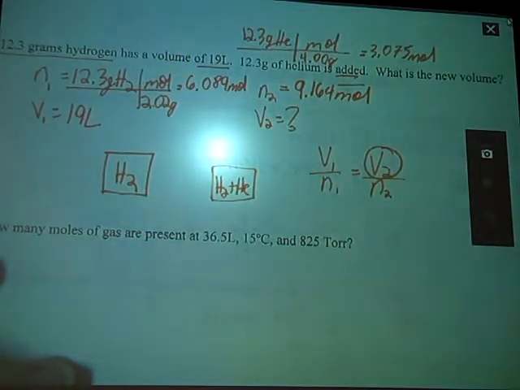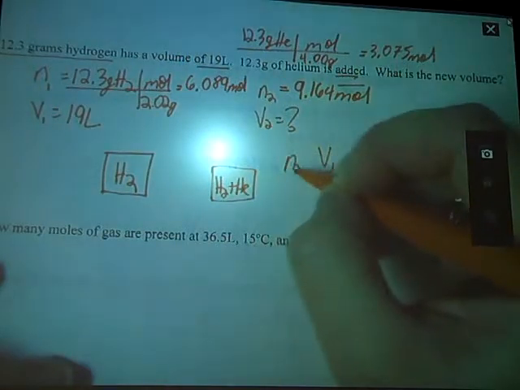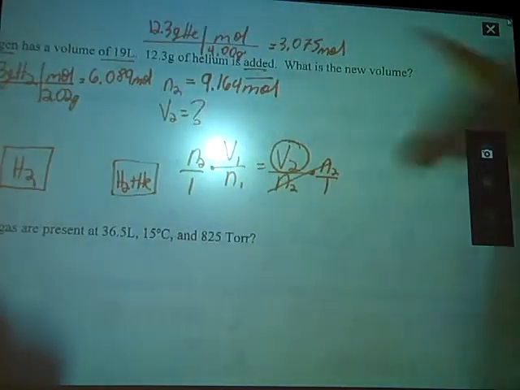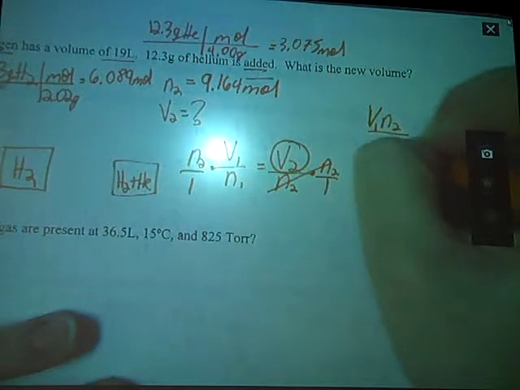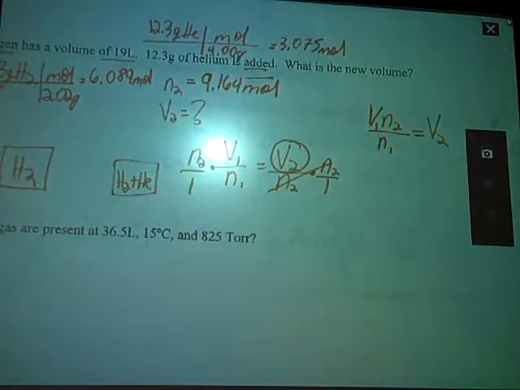To get N2 away, it's divided here, which means we have to multiply both sides. That leaves me with V1 times N2 divided by N1 equals V2. So let's see, V1 was 19 times N2 was 9.164 divided by N1 was 6.089.